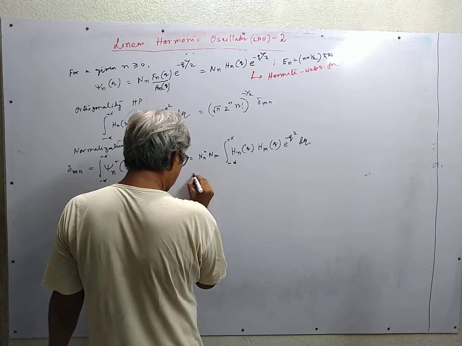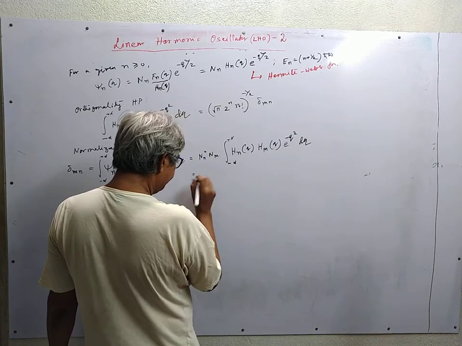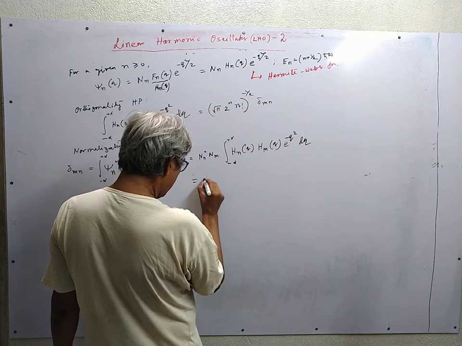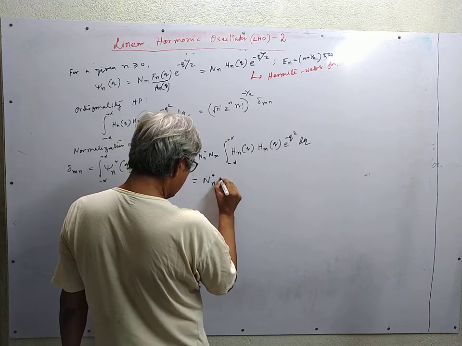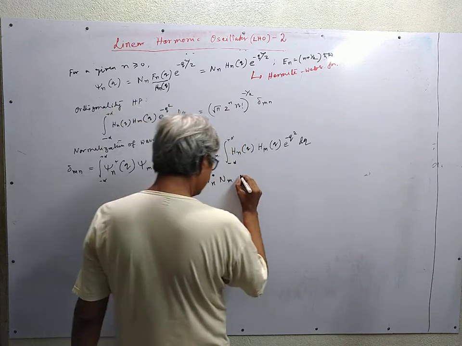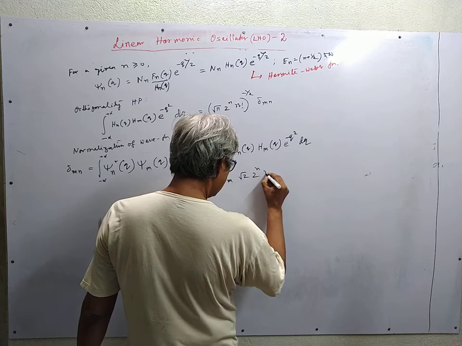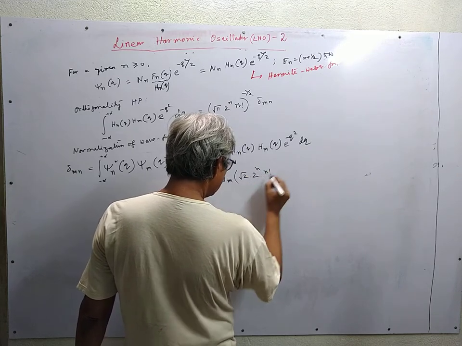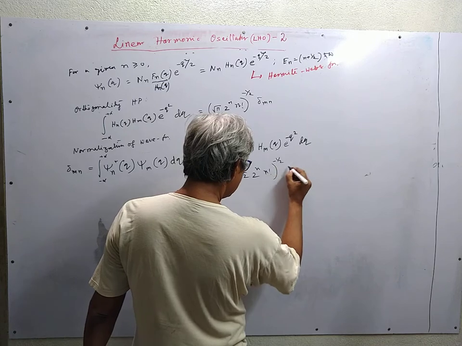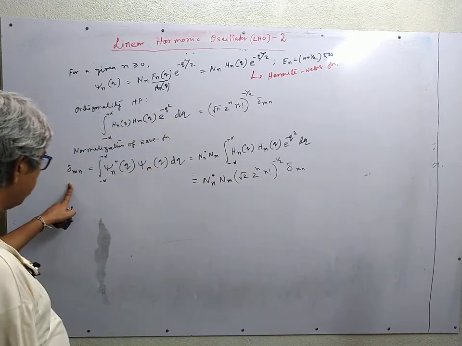So the result is, from this part we have, on the left hand side we also have delta mn.